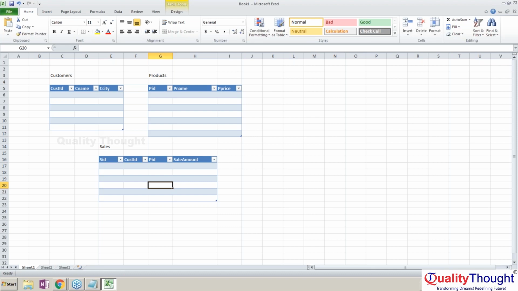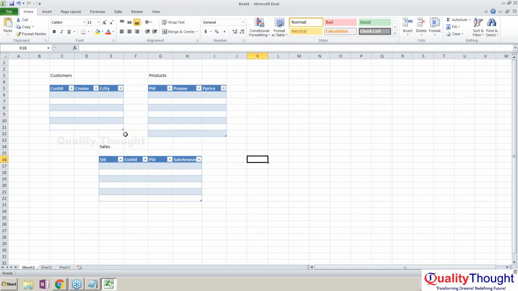Understand, guys, all of you? We have the relation between the sales and the customers, and sales and the products. Understand? So here, these kinds of relationships are made at the level of the RDBMS system.